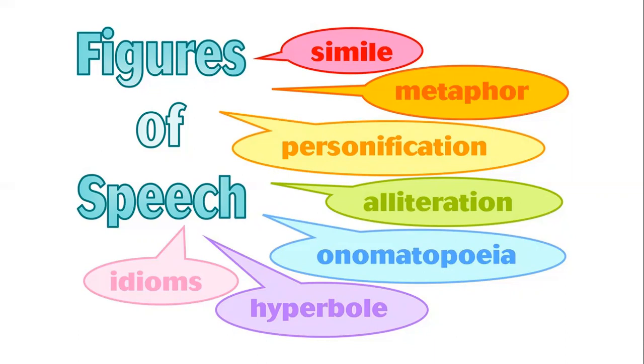But figurative language means something different to what it says on the surface. So when I say he ran like the wind, this is figurative language. Over here, like the wind is a figure of speech, which is a simile because I'm using the word like. He ran like the wind.